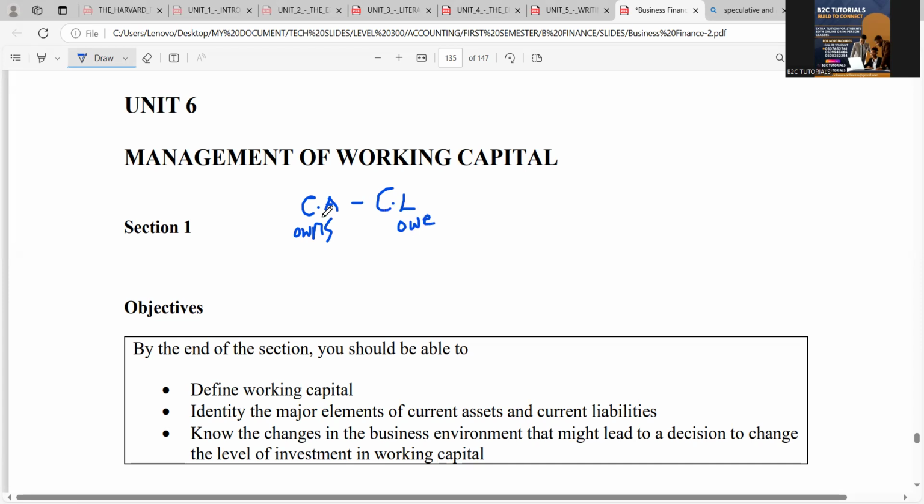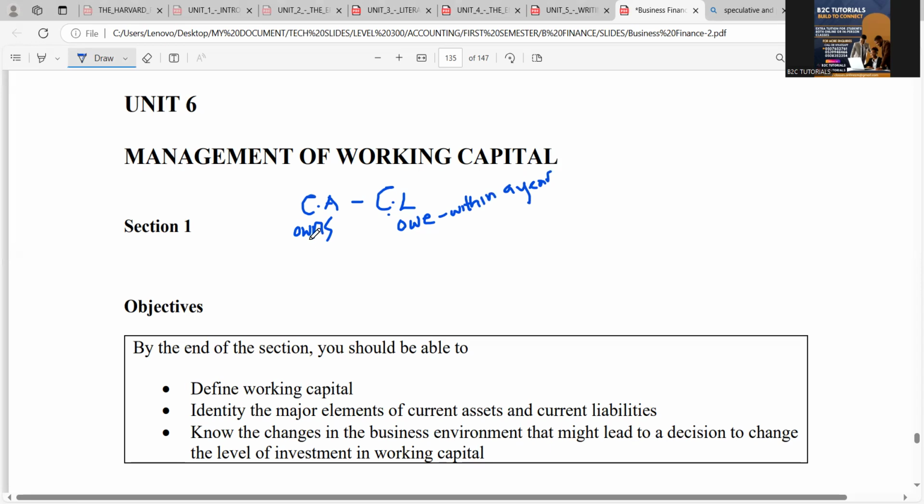Now, anything called current asset or current liability, current means within a period of 1 year. So it doesn't go beyond a year. So those you owe that you are supposed to pay within a year, and then the current assets are those that owe you or you own, that within a period of 1 year you can easily convert to cash.